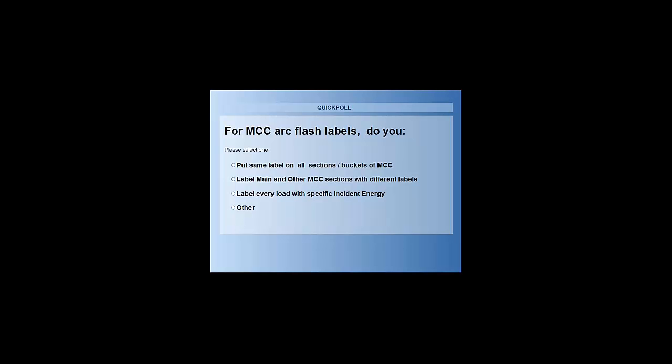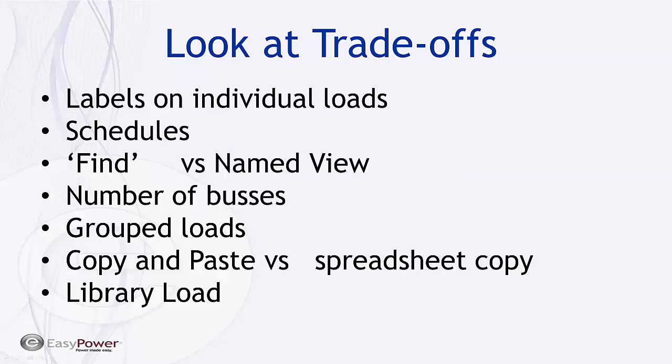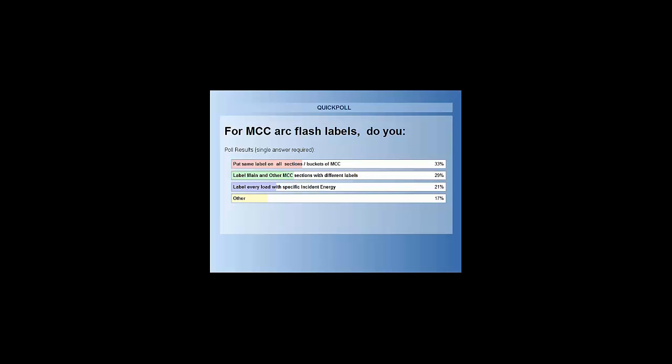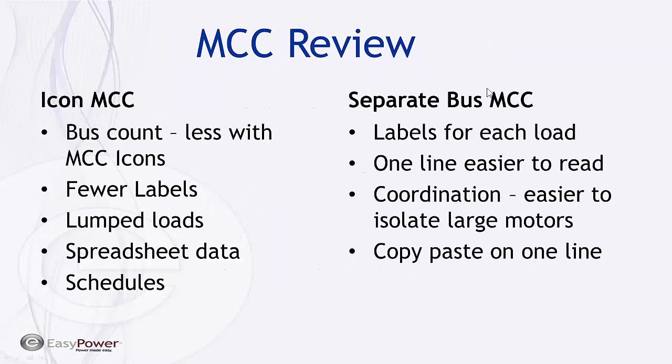And for those of you that have some questions or would like that kind of feedback, I encourage you to either download that from the website or contact your salesperson at EasyPower and ask for the Do's and Don'ts of Labeling. All right, so I'm going to close this poll and show what we got here. So here's what the group is telling me. I appreciate the feedback.